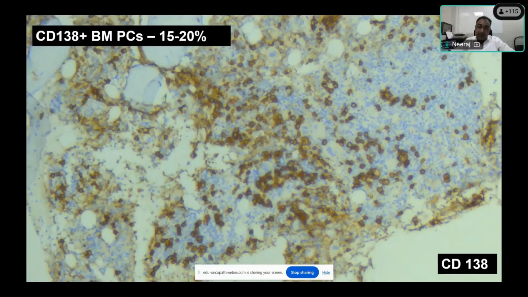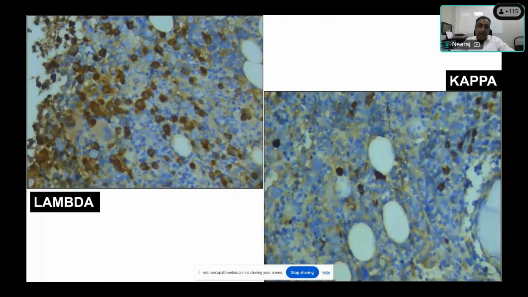But whether this is reactive or clonal, we need to demonstrate clonality, and usually on IHC, we do kappa and lambda immunostains. You see that these are lambda restricted, and kappa is negative. So lambda restricted plasma cells were there in that marrow, which we had initially missed.